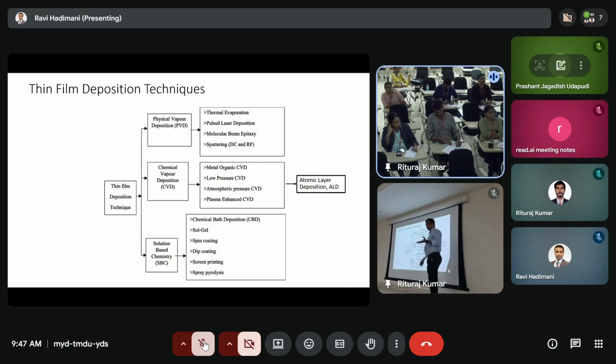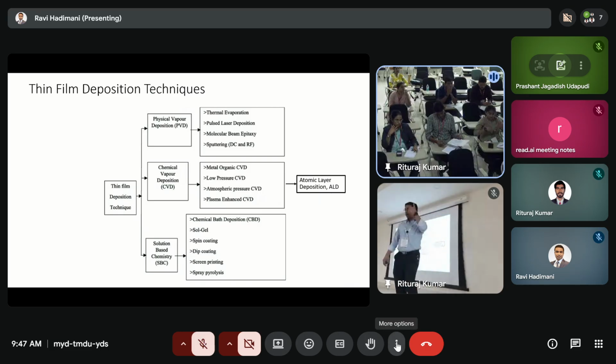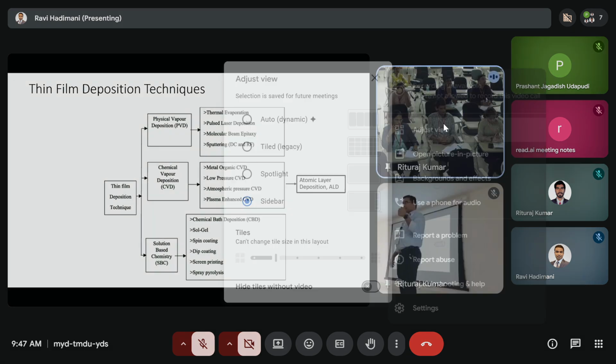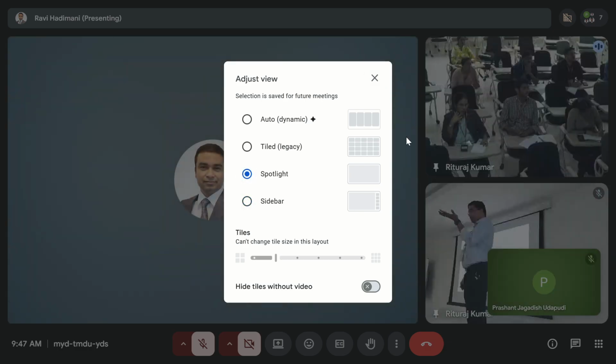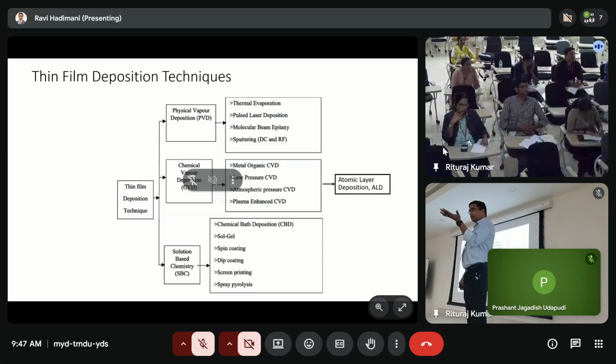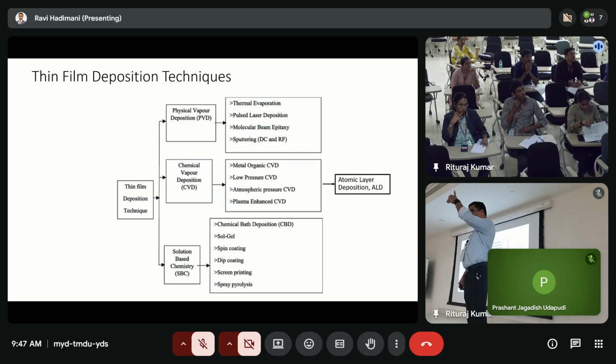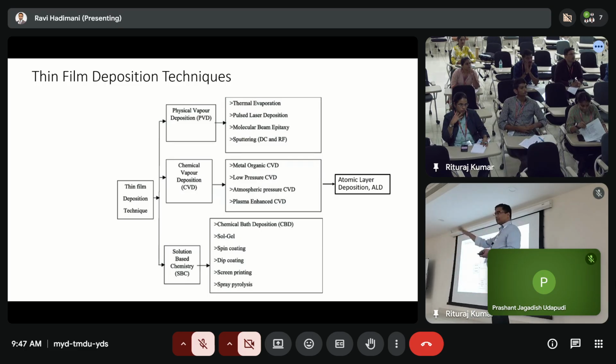There are several ways to prepare thin films. One I talked about yesterday, which is spin coating. If you use a high surface finish wafer, like silicon wafer or glass, and drop any solution and spin it at 10,000 RPM, then you can get 100 nanometers.